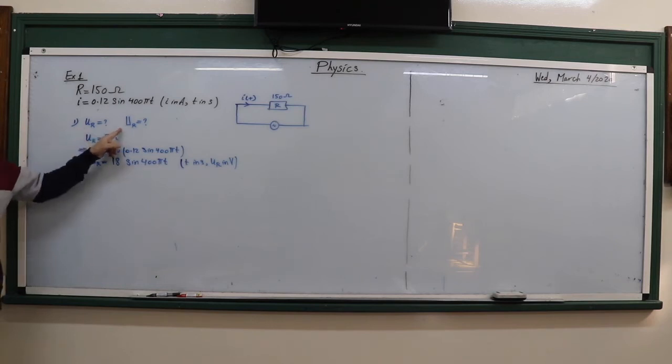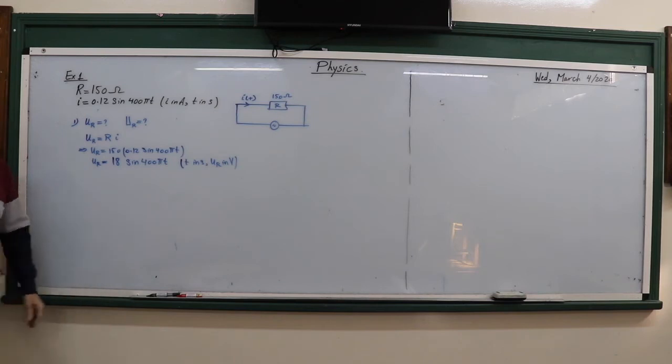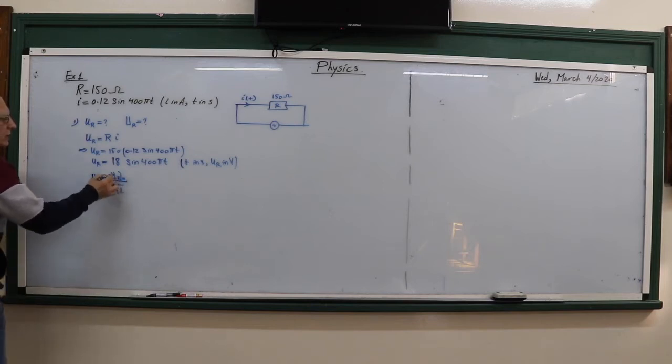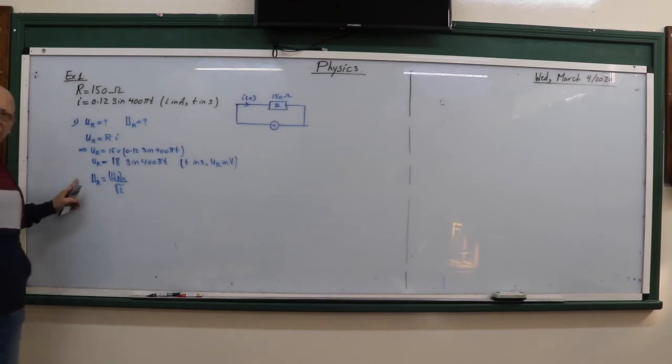Now we want to calculate the effective value of UR. How to calculate it? You know the relation between the effective value and the maximum value is UR equal UR maximum over radical 2. So in order to find the effective value, you should find the maximum value of UR, which is 18. 18 gives you the amplitude of UR.